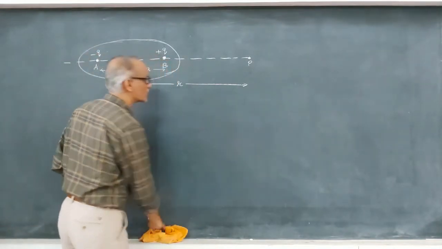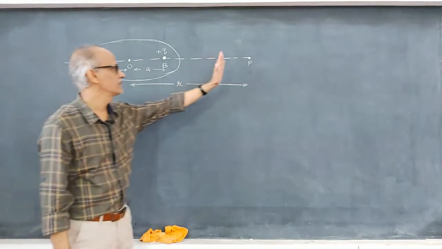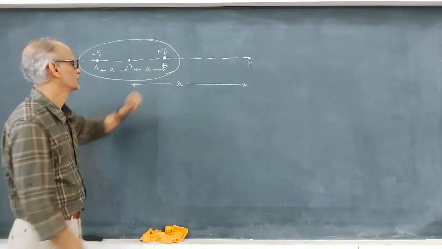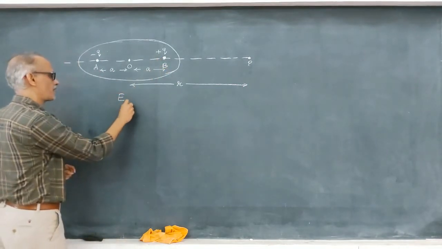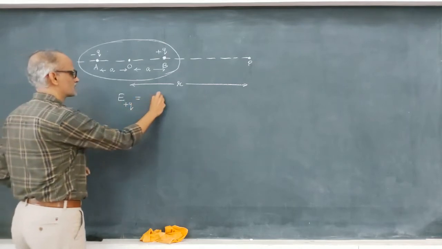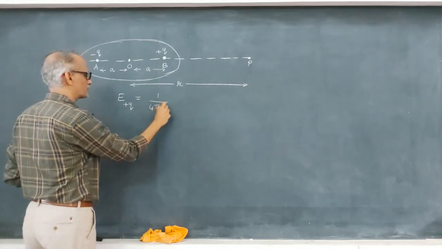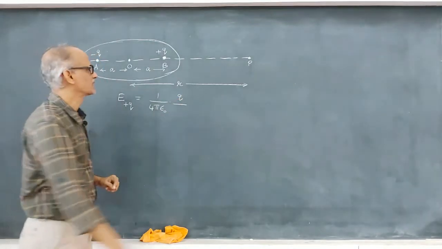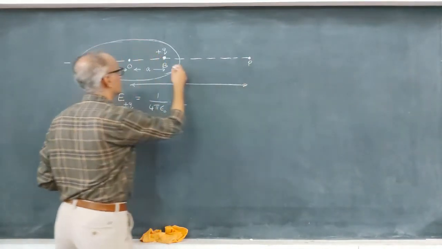So, that is what we are going to do here. First we are going to find the field at point P due to this positive charge, which I am going to write as E plus Q. Field produced by the positive charge is equal to 1 by 4 pi epsilon naught Q by, what is the distance from the point P till B?